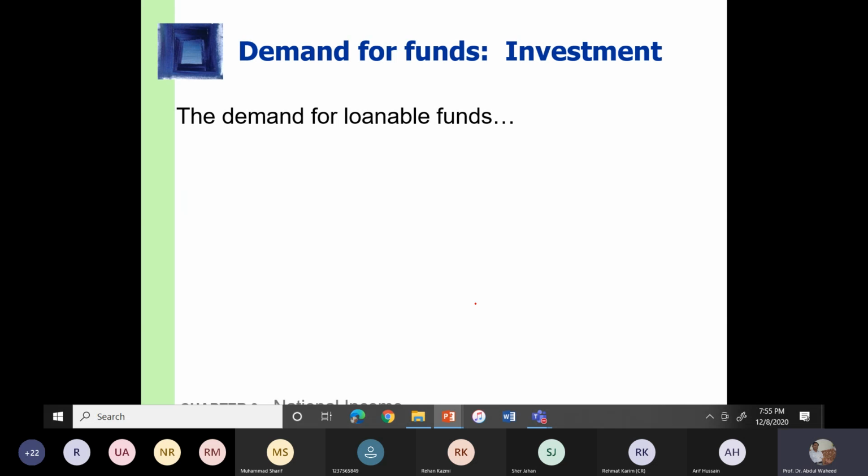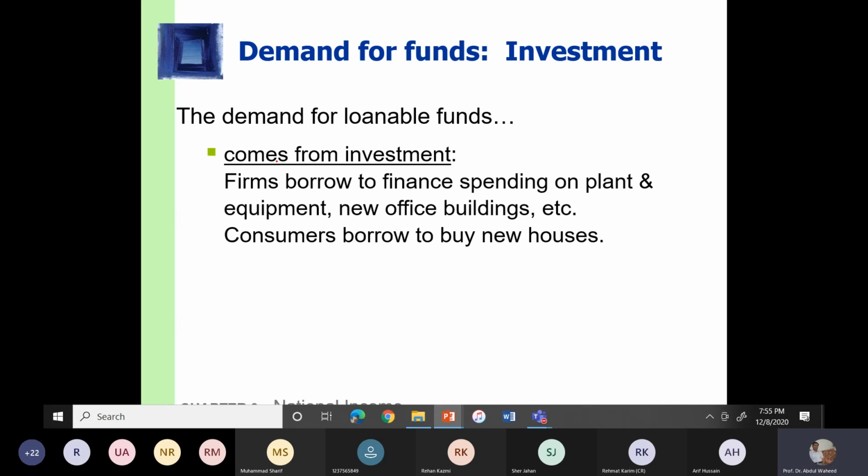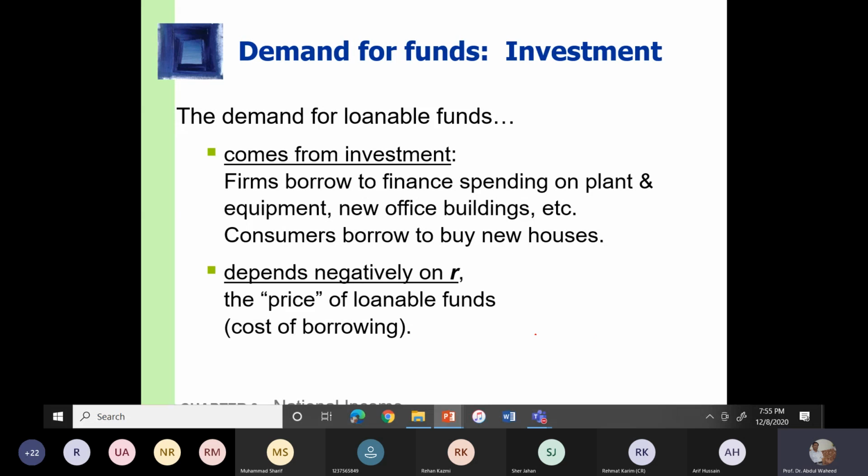So demand for loanable fund comes from investment. Okay, as I discussed, firms borrow to finance spending on plant and equipment, new office buildings, etc. And consumer borrow to buy new houses. So this is the demand for loanable fund, and this depends negatively on real interest rate, which is the cost of borrowing.